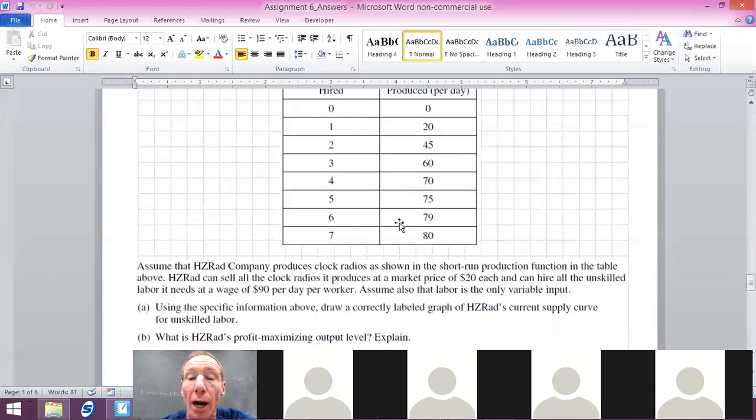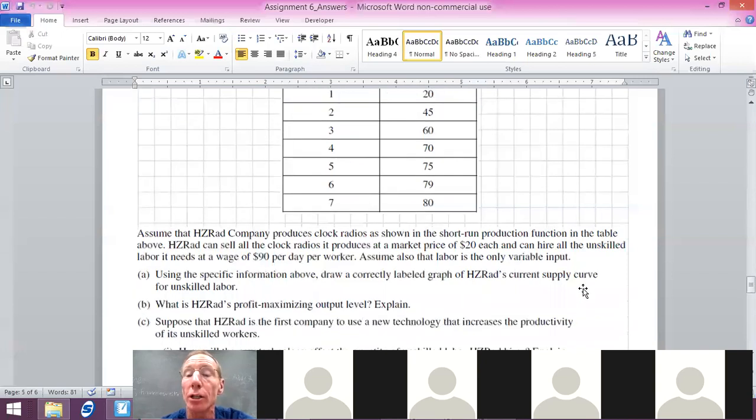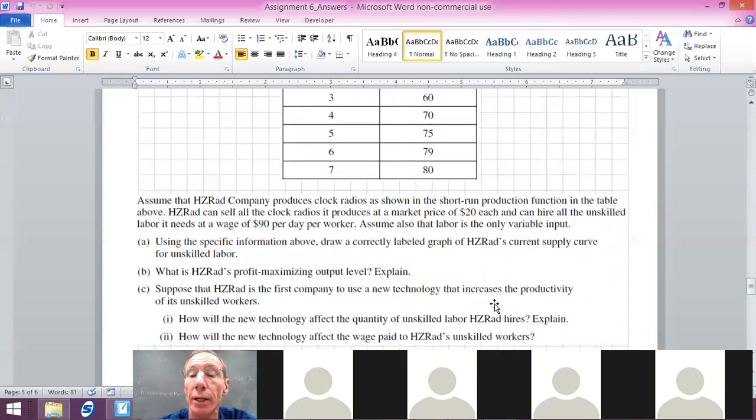And the firm can hire all the workers they want. And their wage is $90 per day. And assume that labor is the only variable factor input, so we don't have to worry about the capital here, just labor.